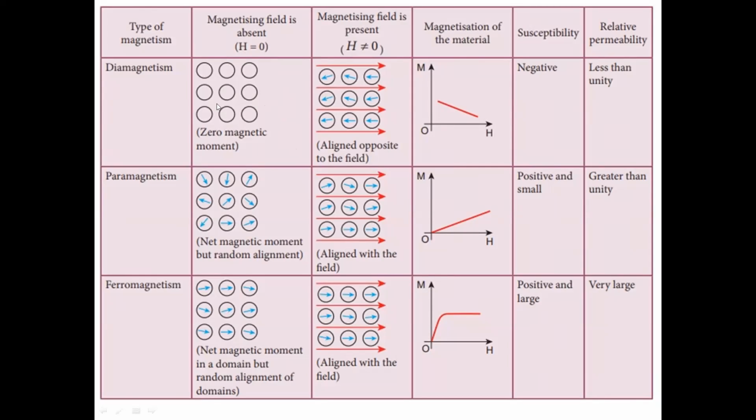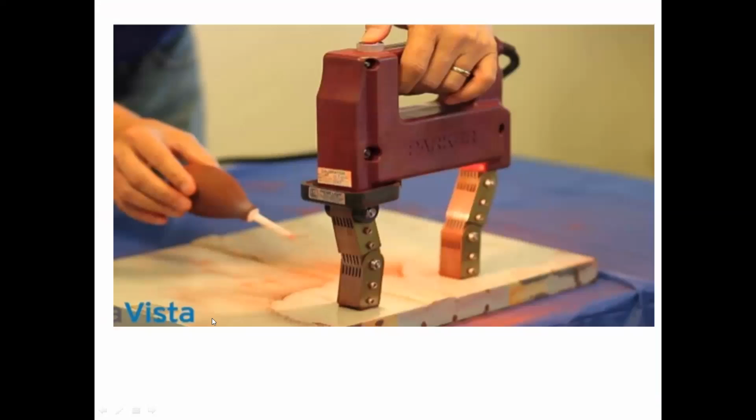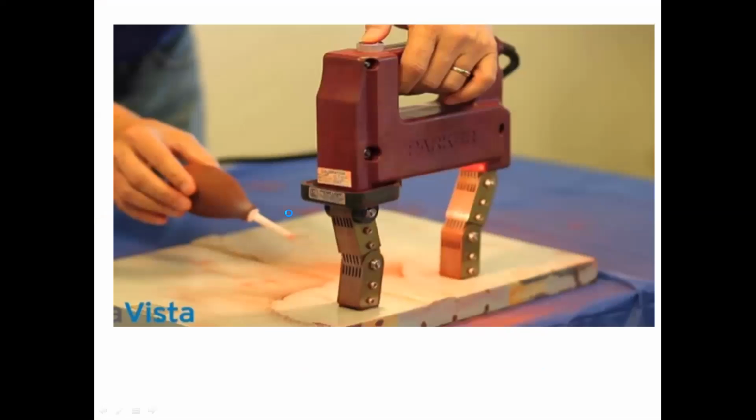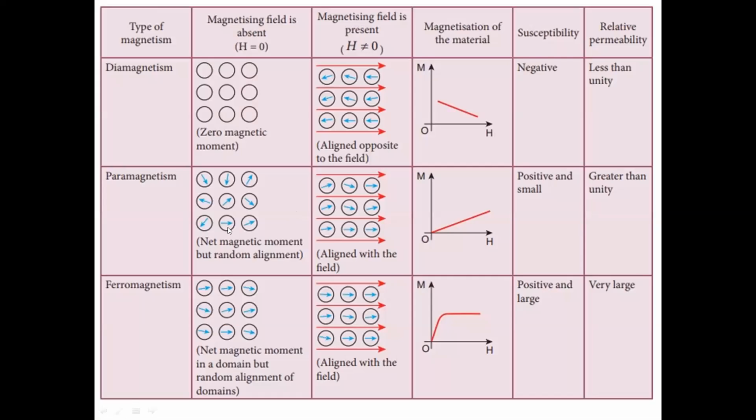See this. Diamagnetism, this is a neutral, zero magnetic moment. Here paramagnetism, all crystals are oriented in different directions, means all crystals are arranged in a random manner. And in ferromagnetic materials, all crystals, means all elements in the material, are oriented in one direction.